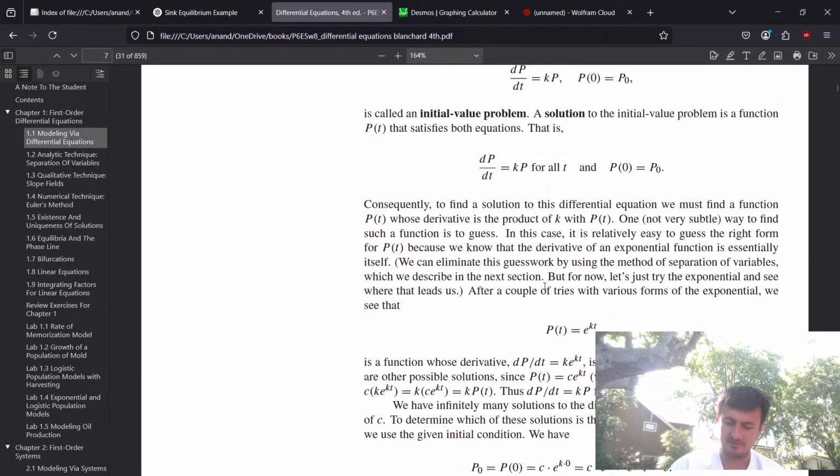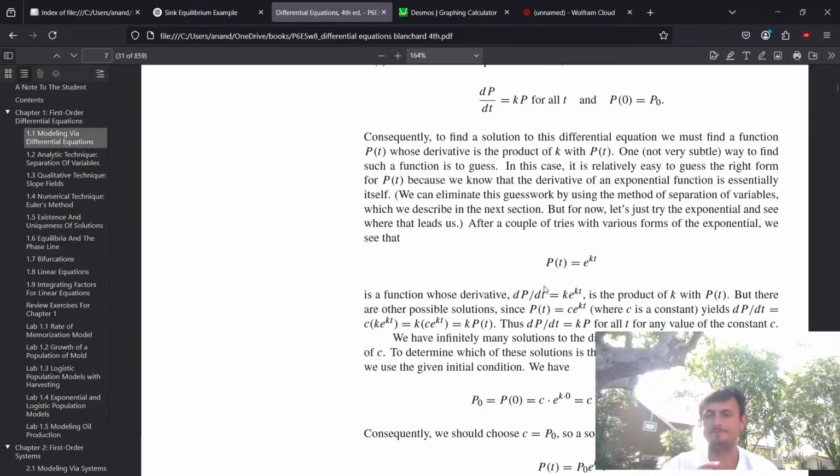Okay, an IVP solution is a function p of t such that... Okay.